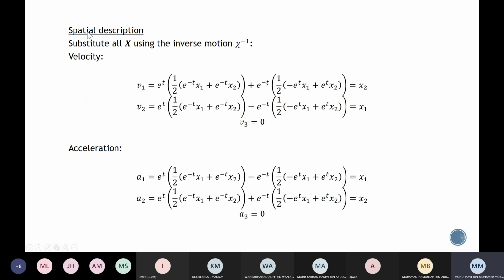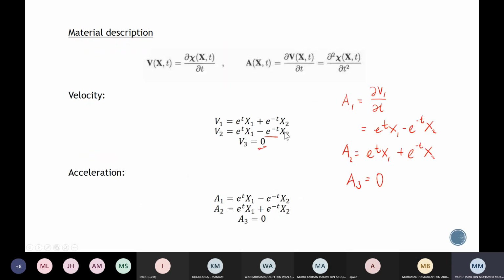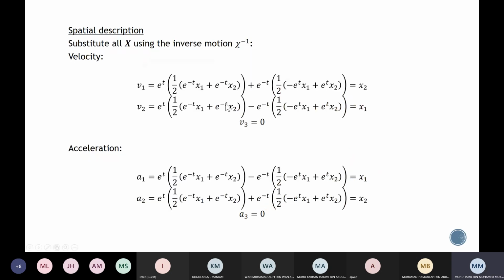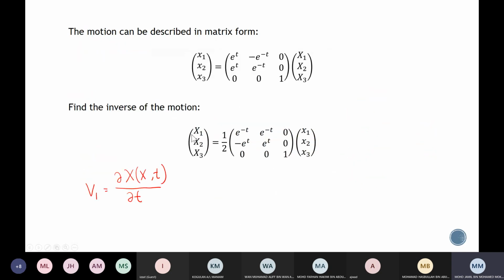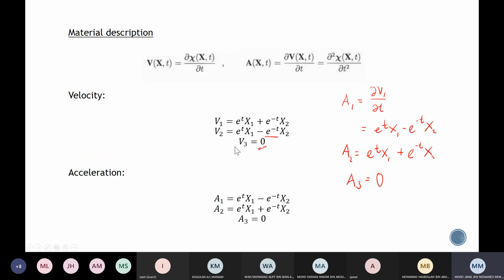Then now you want to find the velocity and acceleration in spatial description. So what you can do is you just need to convert all of the big X here to small x. Okay, by substituting the inverse of the motion. So you have found the inverse of the motion. So just substitute x1, x2, and x3 into v1, v2, v3, a1, a2, a3.